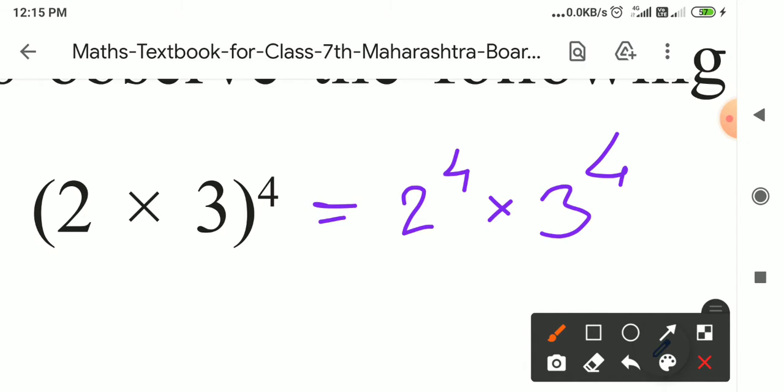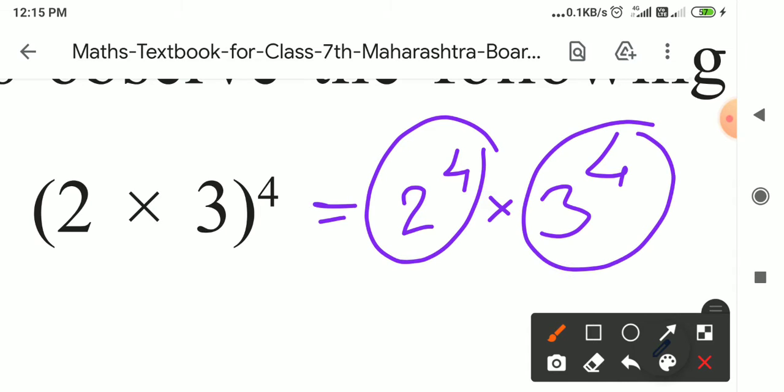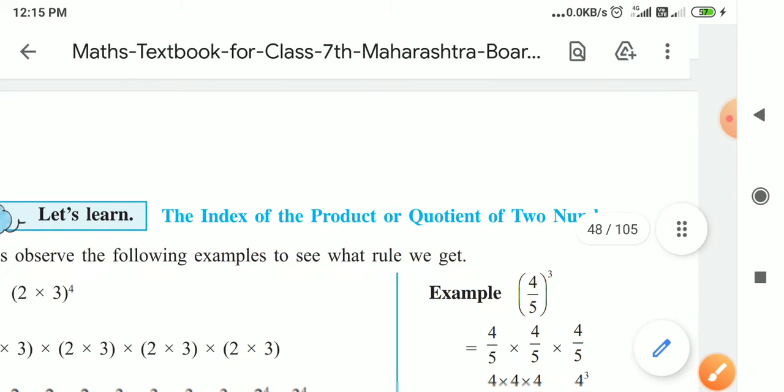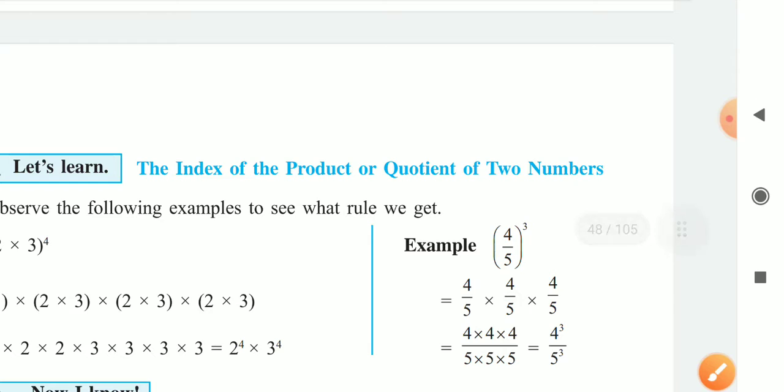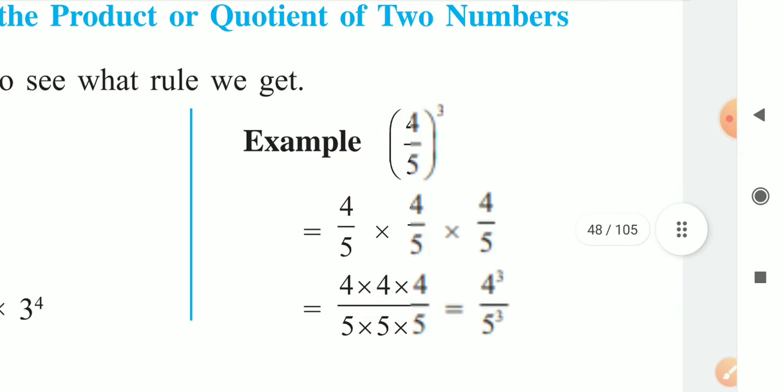If there is more than one number in the bracket and a power outside, that power is not only the power of 3 and not only the power of 2, it is the power of 2 also and 3 also, and you can write it in this way. So this is the first rule of indices that we see.